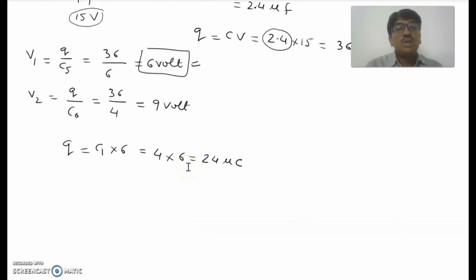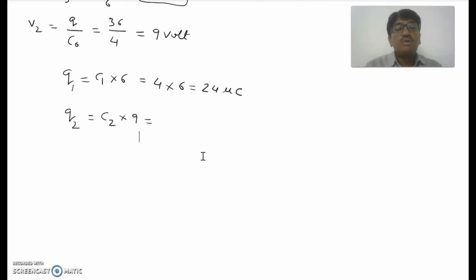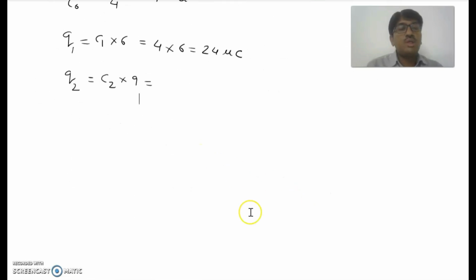So we can calculate Q2 across C2. It is C2 into 9, and the value of C2 is 1. So 1 into 9 gives 9 microcoulomb.